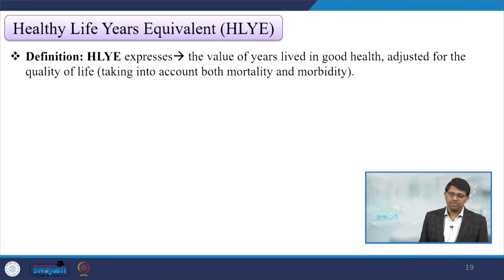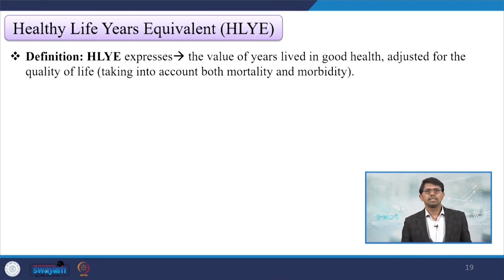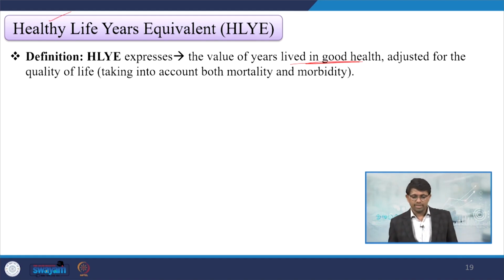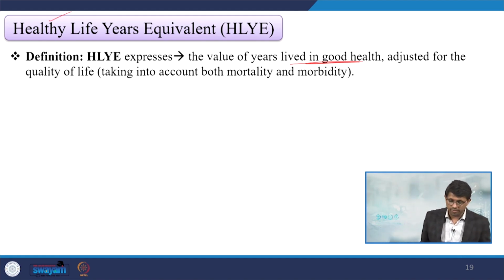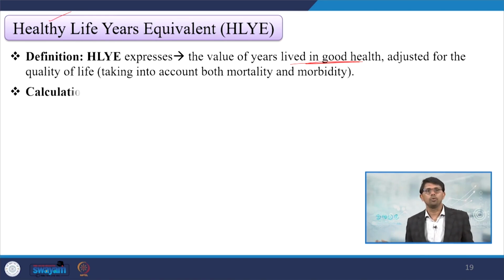So healthy life years equivalent, another tool in short called HLYE, is the value of years of life in good health. We are now emphasizing healthy life years equivalent, and this is adjusted for quality of life taking into account the mortality and morbidity.